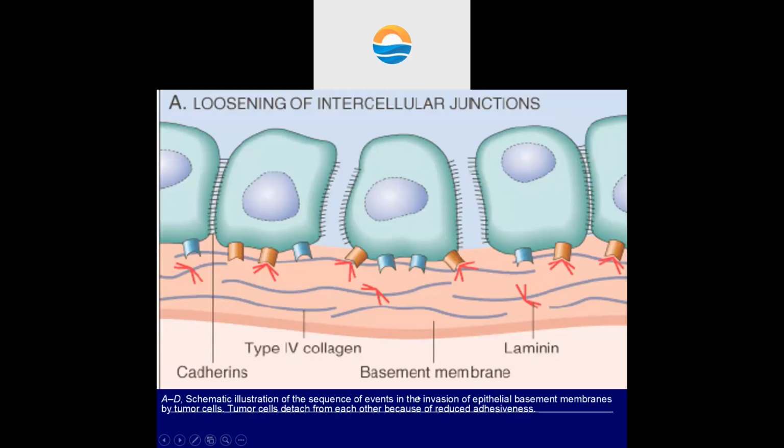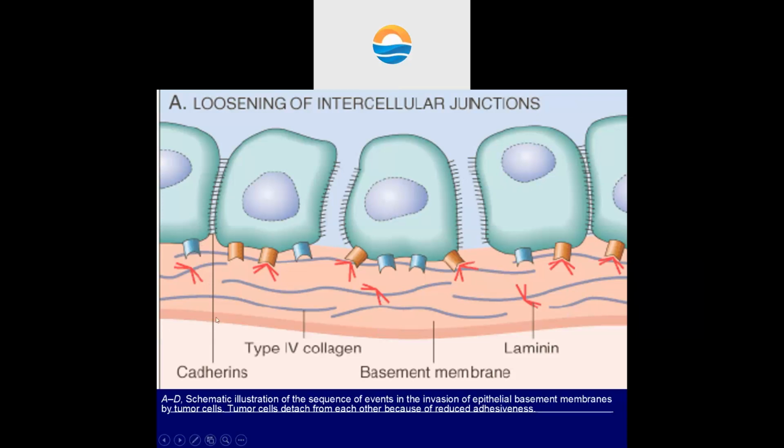So look, here we see the sequence of events in the invasion of epithelial basement membranes by tumor cells. At the beginning, tumor cells detach from each other because of reduced adhesiveness. You see here one cell with no attachment to neighboring cells. Here you see basement membranes and various collagens of the connective tissue.